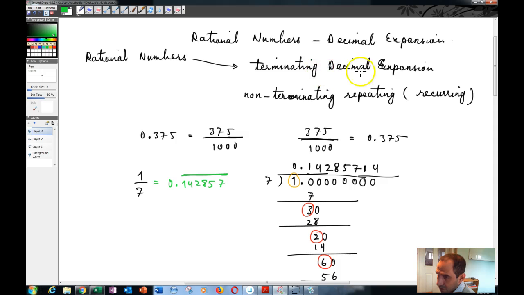So it's a terminating decimal expansion. On the other hand, 1/7, as you saw over here, is going to be equal to 0.142857, and then this block of numbers is going to repeat itself over and over again. So it's called non-terminating repeating or recurring.